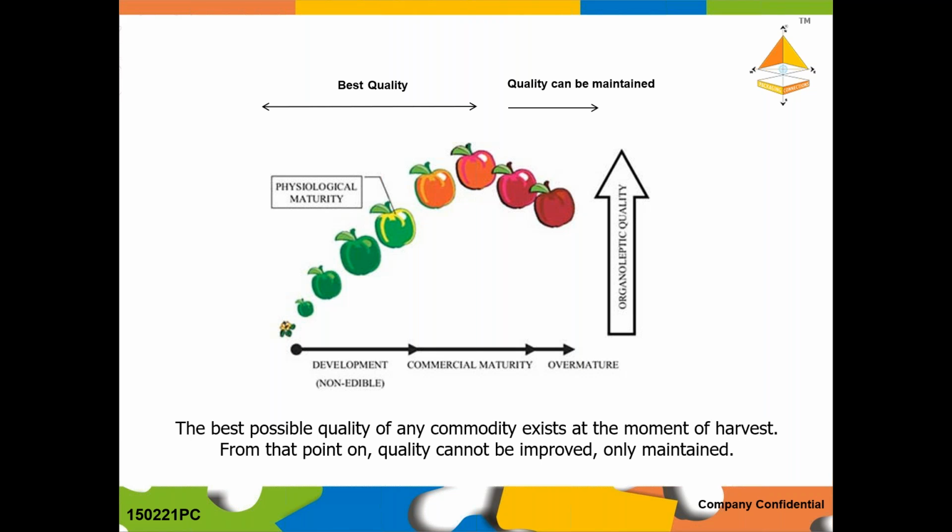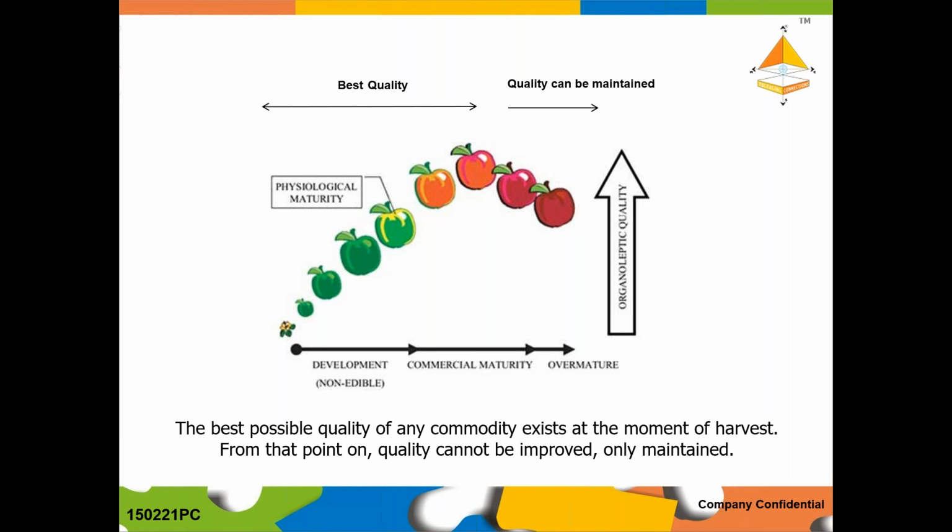This is very important in principle to understand the foundation of MAP: the best possible quality of any commodity exists at the moment of harvest only. From that point on, quality cannot be improved, only maintained.